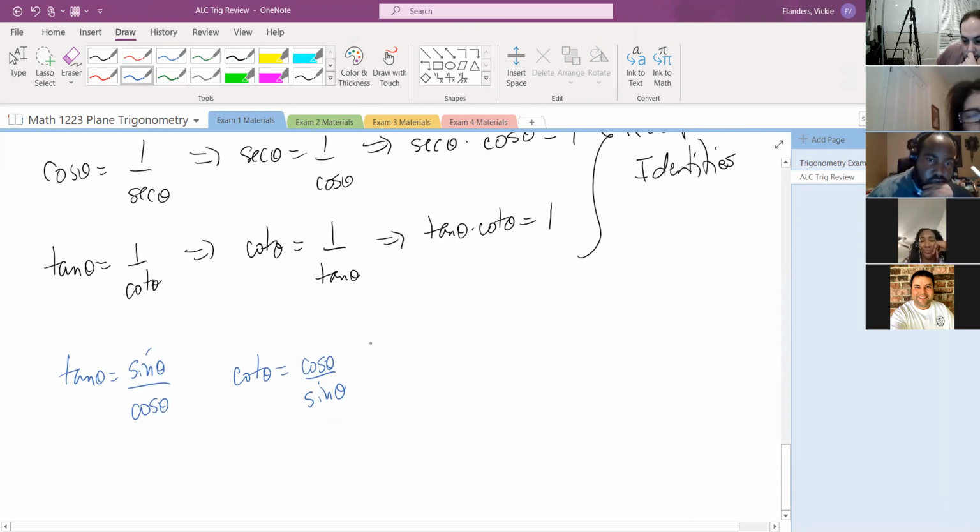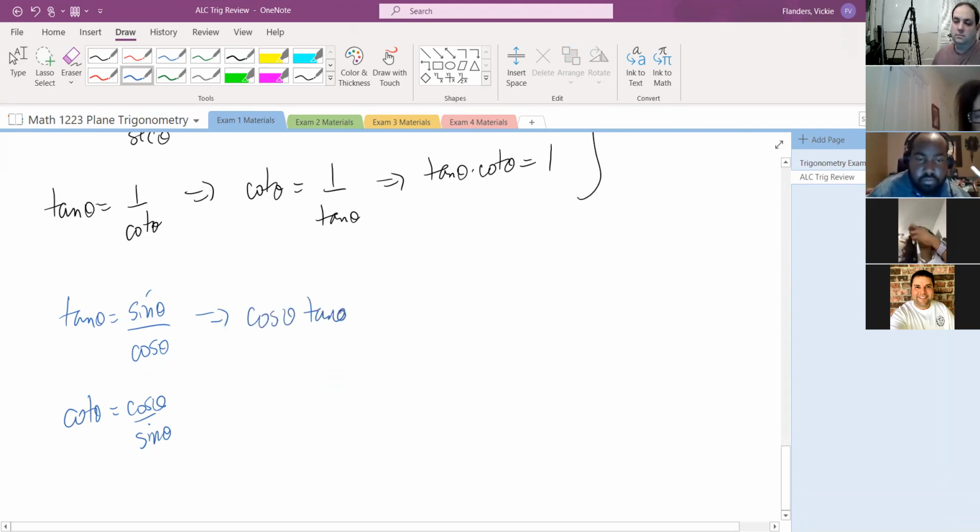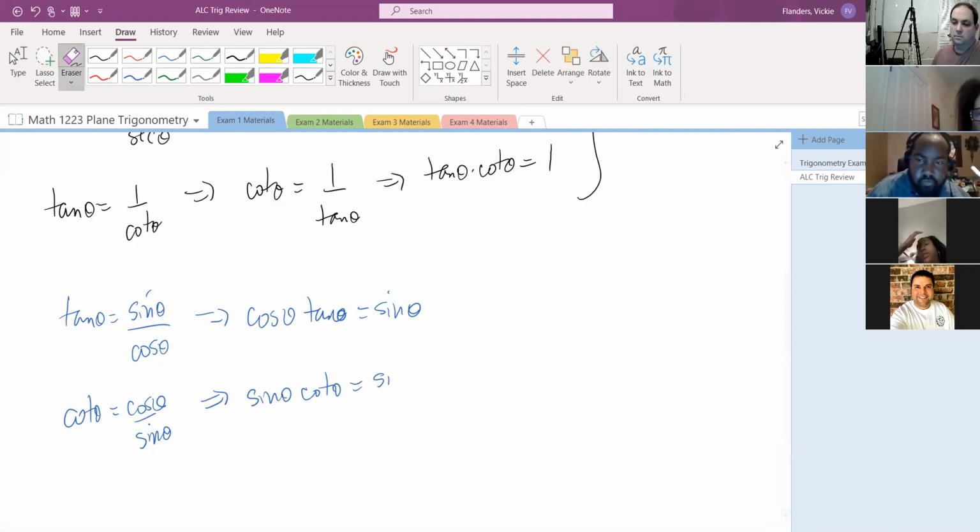Tangent times cosine, so let me write that. All we're doing is manipulating this equation. So we can write cosine theta times tangent theta is sine theta. Same thing here: sine theta times cotangent theta is cosine theta.